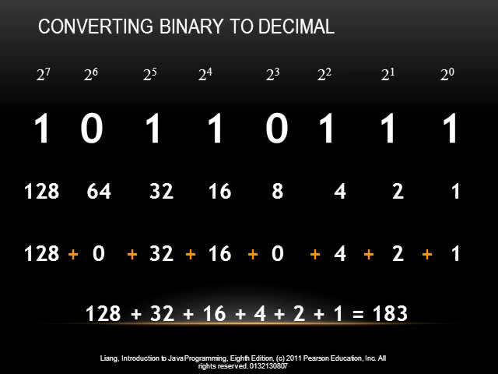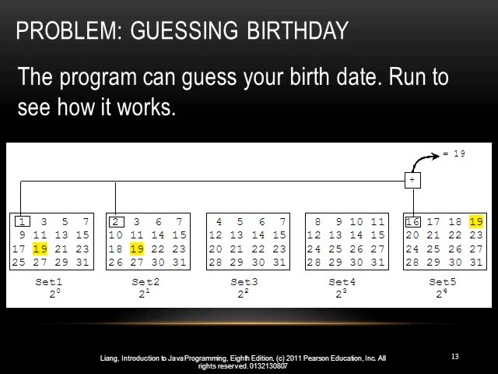So let's take a look at the next slide. So here are the 5 sets of numbers we're going to present to the user, and each time we present a set of numbers, we will ask the user if their birthday is in that set. Now, these sets of numbers have been constructed very carefully.